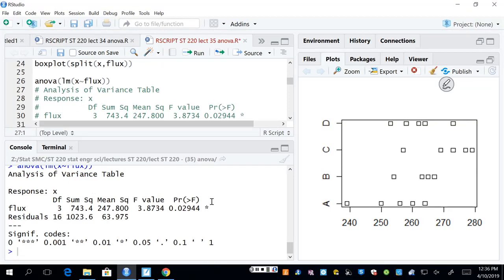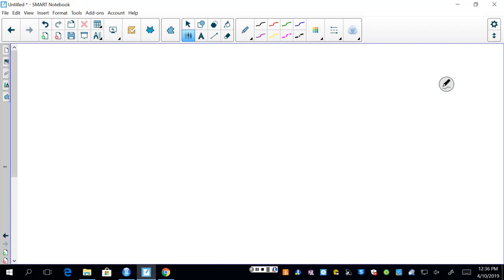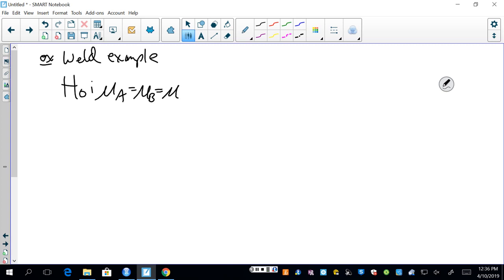So the null hypothesis we're testing in this analysis, in our weld example, is that the average hardness, the average strength, is the same in all 4 cases.